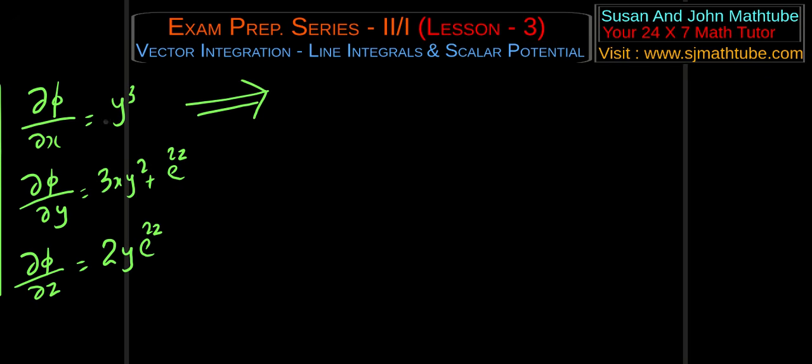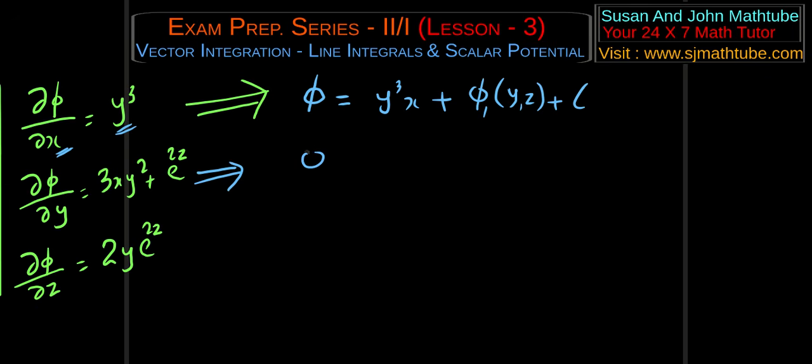So from the first one we get phi is equal to, look at this, we are integrating with respect to x and this is a constant. So y cube into x plus a function in y and z plus c. And from here we are integrating with respect to y. The first part is not a constant. So y cube by 3 plus, so that cancels.